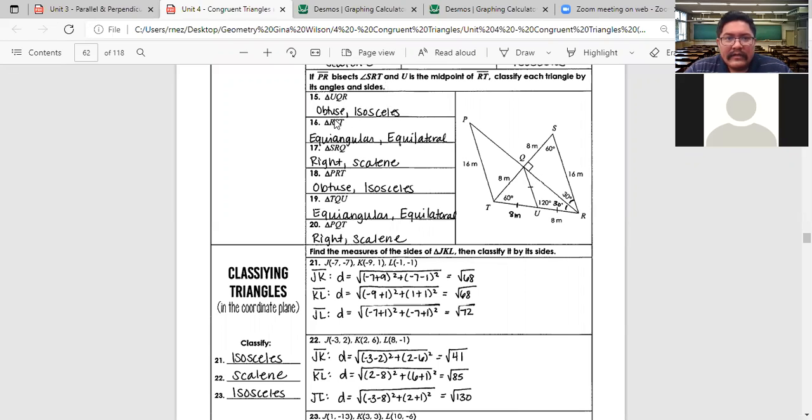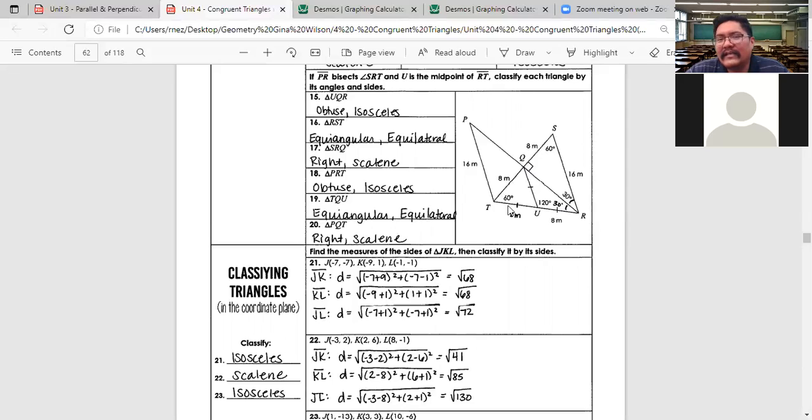All right, next one, RST. So this triangle right here, let's see what we can get from it. So angle 60 degrees, 60 degrees. Okay, well, hold on, wait a minute. How many degrees is this? By the triangle's definition of interior angles, you might remember that they add up to 180.